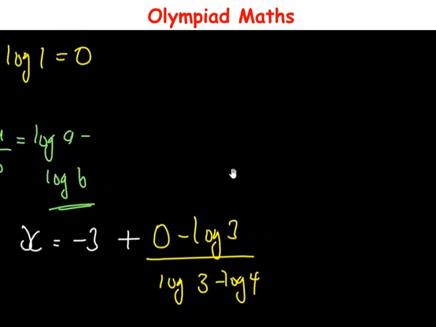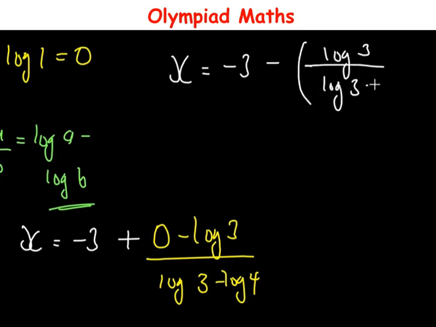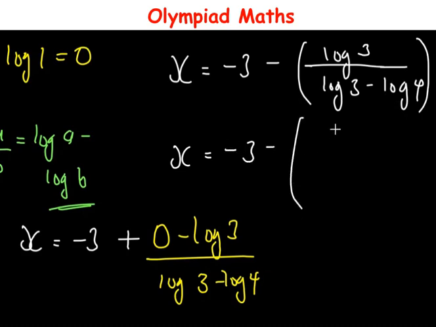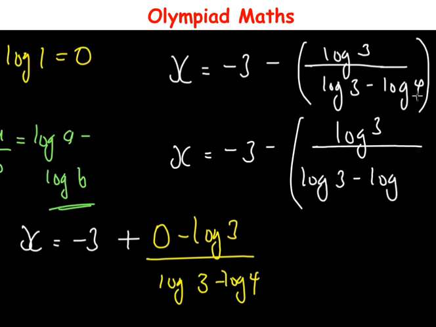So from here, the value of x is then equal to minus 3 minus into brackets log 3 over log 3 minus log 4. Okay, so with this, x is equal to minus 3 minus log 3 over log 3 minus log 4, where 4 can be written as 2 squared.